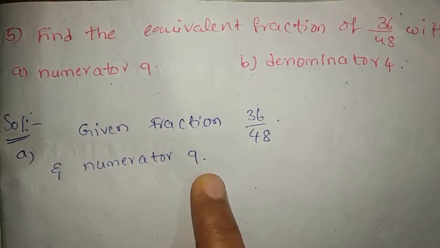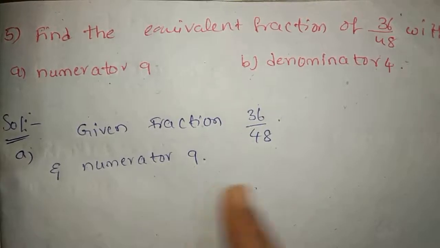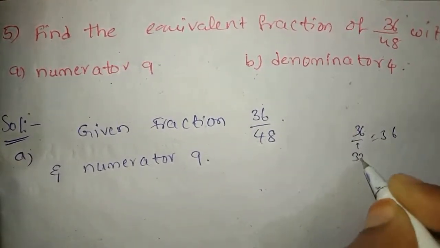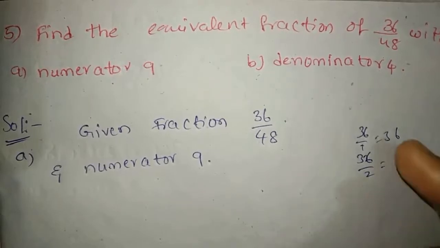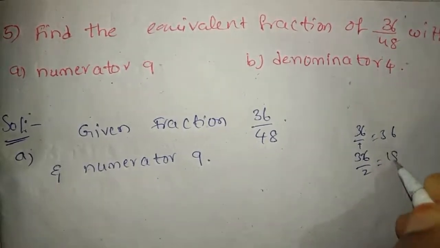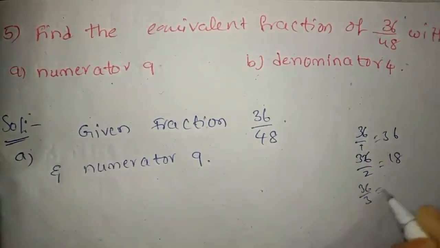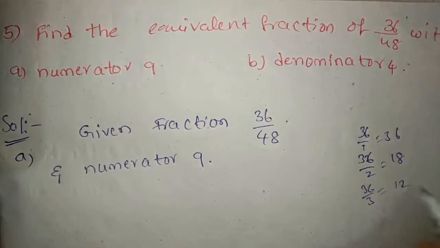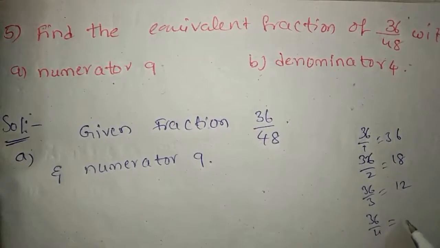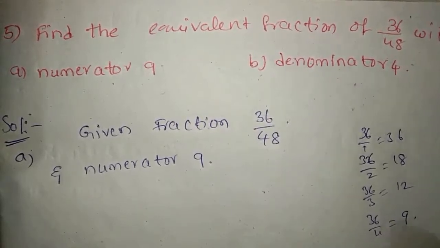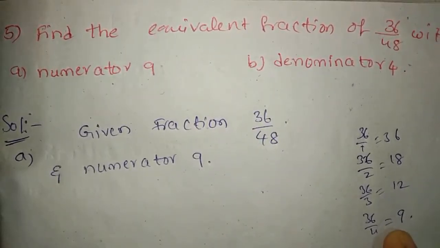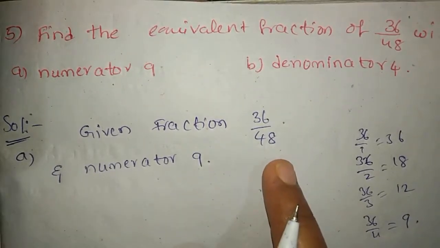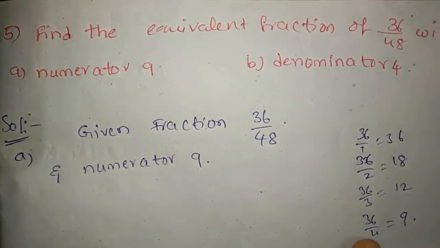Here, first 36 by 1 is equal to 36. 36 by 2 is equal to 18. 36 by 3 is equal to 12. 36 by 4 is equal to 9. So we divide both numerator and denominator by the number 4.